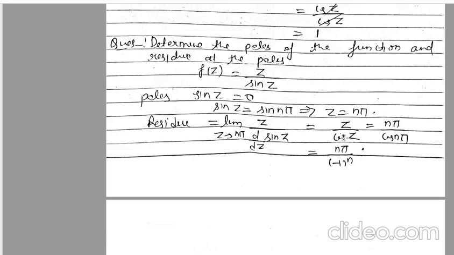So residue is equal to limit z tends to n pi of z upon d upon dz sin z. Because we cannot find our residue as a simple pole or pole of order n, just apply this formula. So z upon cos z is equal to n pi upon cos n pi. So cos n pi value is minus 1 to the power n, right?